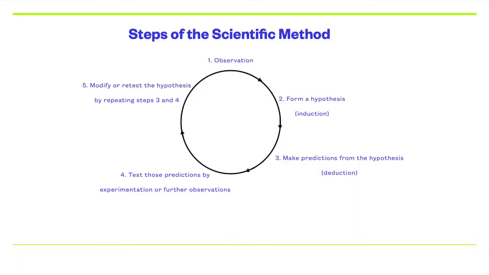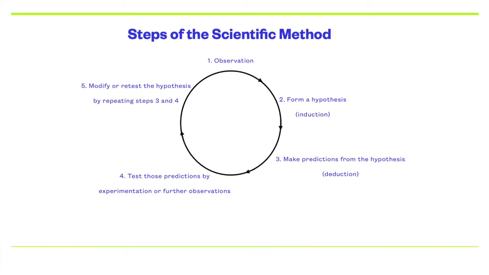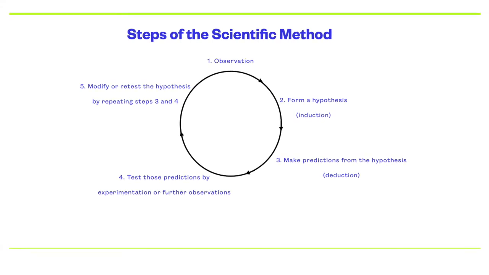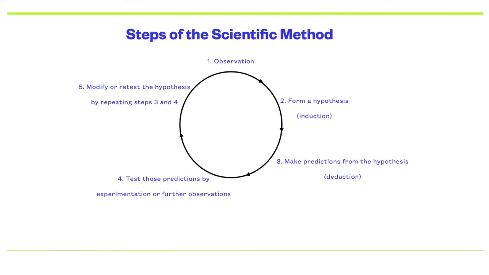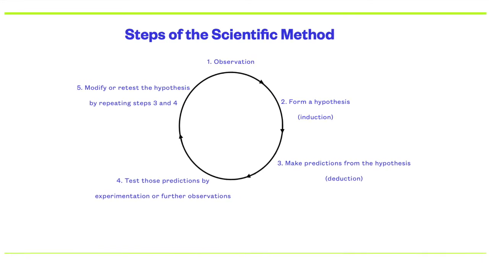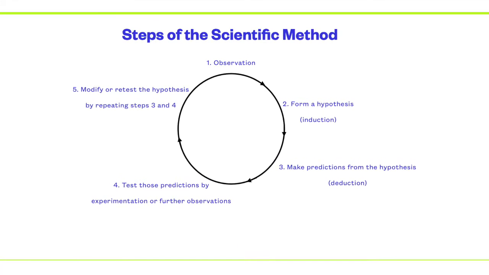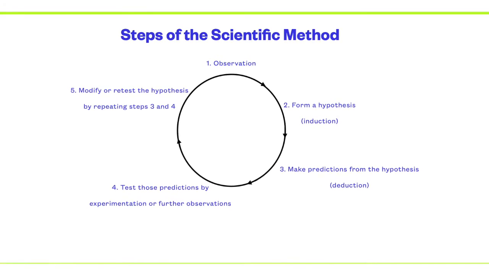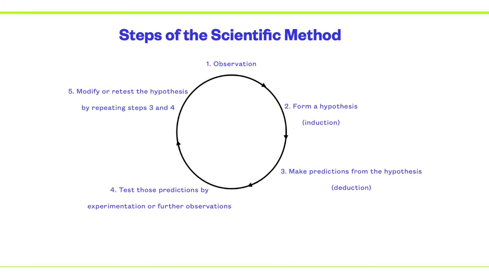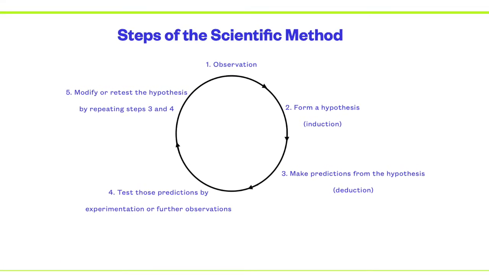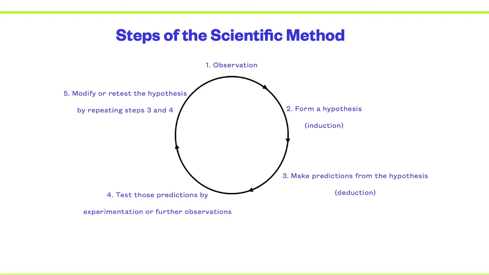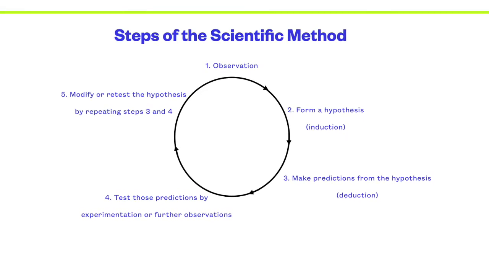The scientific method has 5 steps. 1, observe some aspect of the universe. That is, observation is followed by 2, induction, where we invent a tentative description or explanation called a hypothesis that is consistent with what we have observed. 3, we use this hypothesis to make predictions.